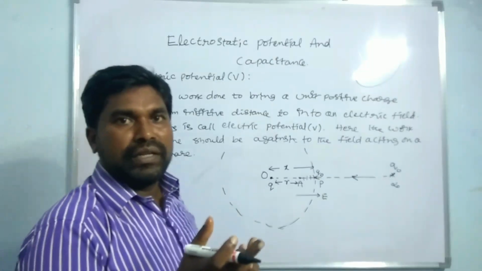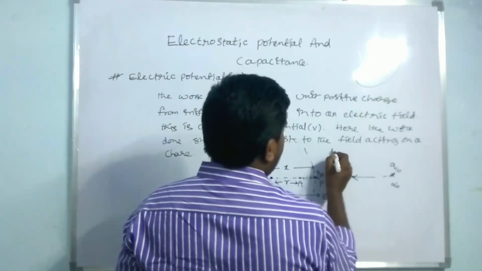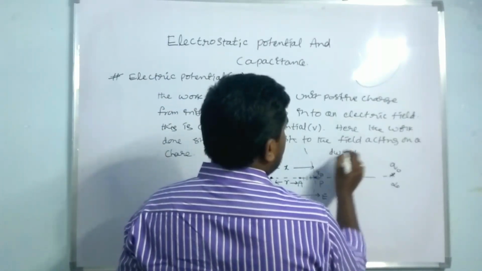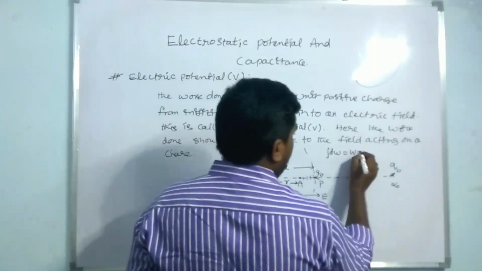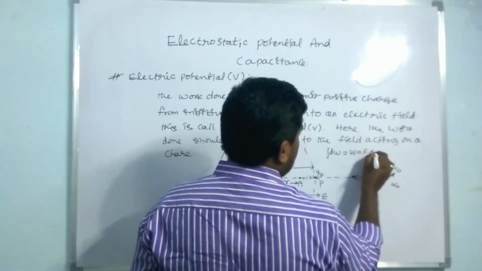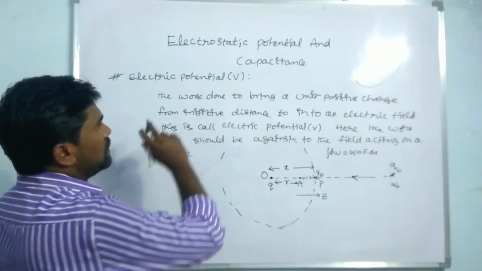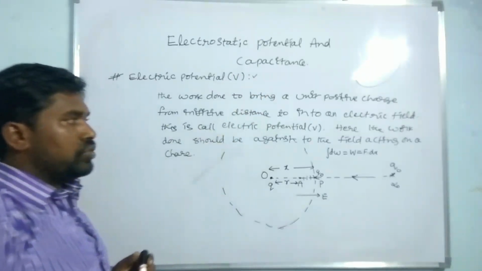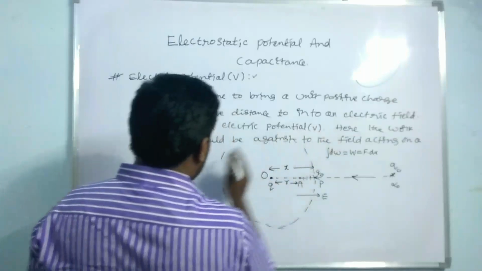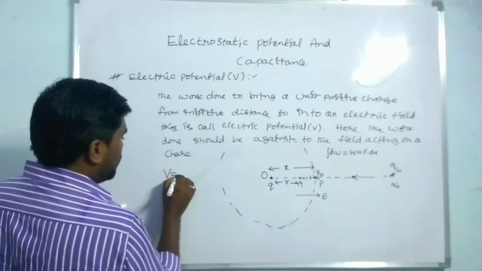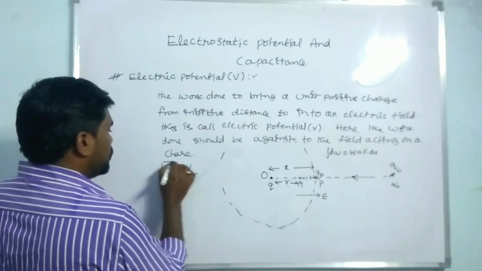Some work done is done here, that is dW. If you integrate, you get the total work done, from the equation F into S, that is F into dx. Integrating gives the electric potential. So electric potential V is equal to W by Q naught, the work done on a unit positive charge.